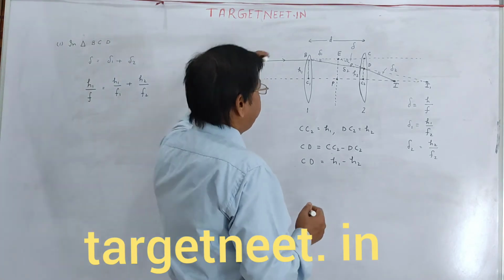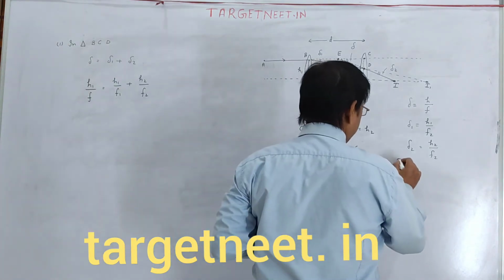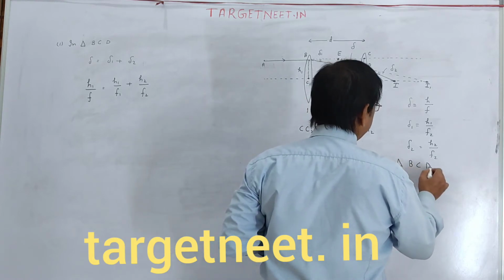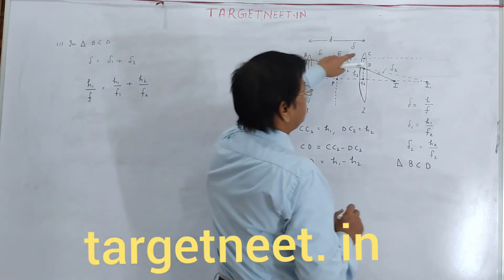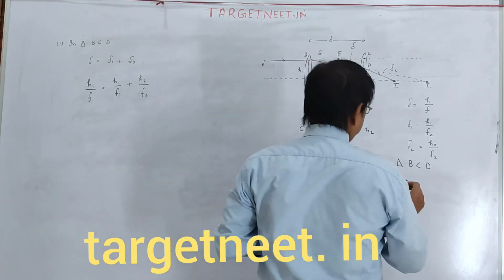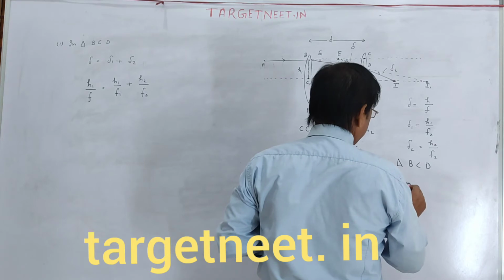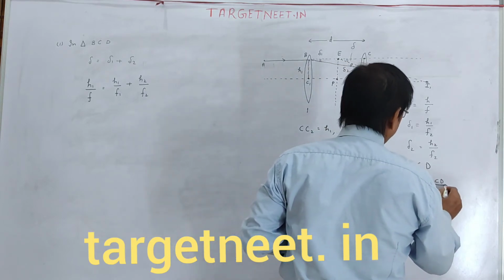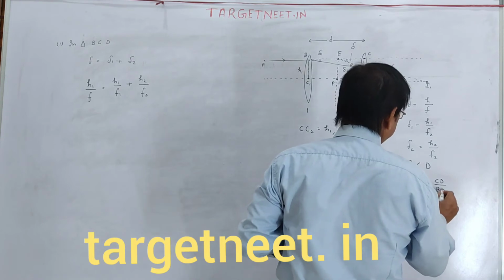In triangle BCD, I can write tan delta 1 is equal to CD upon BC.